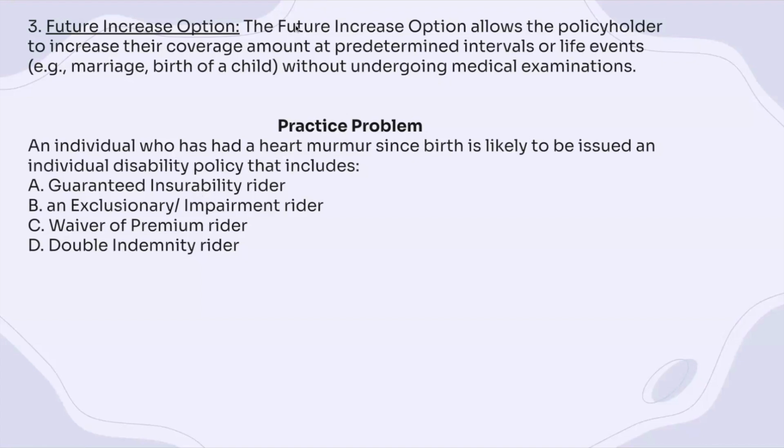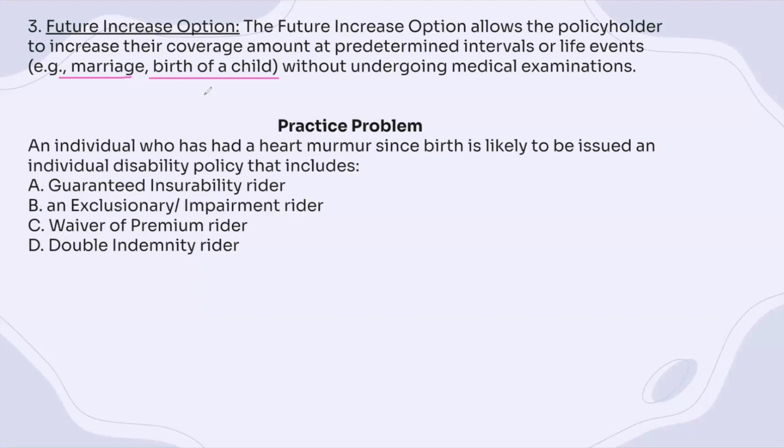So we look at, in this case, whenever the policyholder might be bearing a child, or if they become married, they might need additional coverage, especially maybe during childbirth, they might have a greater risk of medical occurrences, and so they are able to increase their coverage during that time. Maybe during marriage, there might be specific events that occur too.